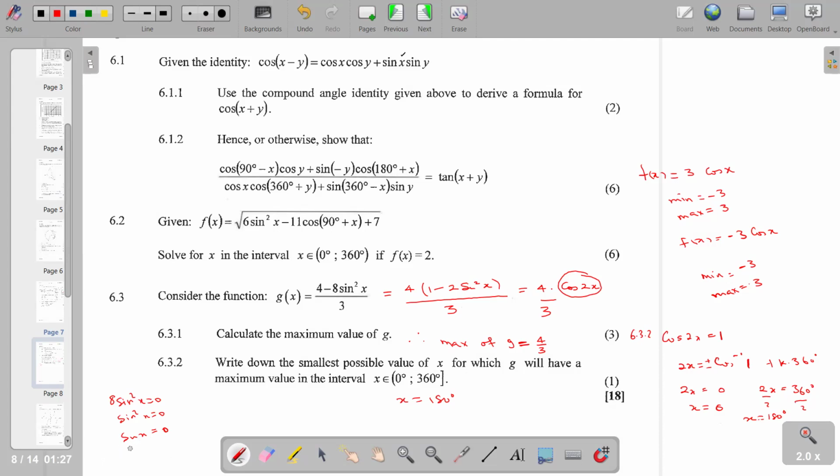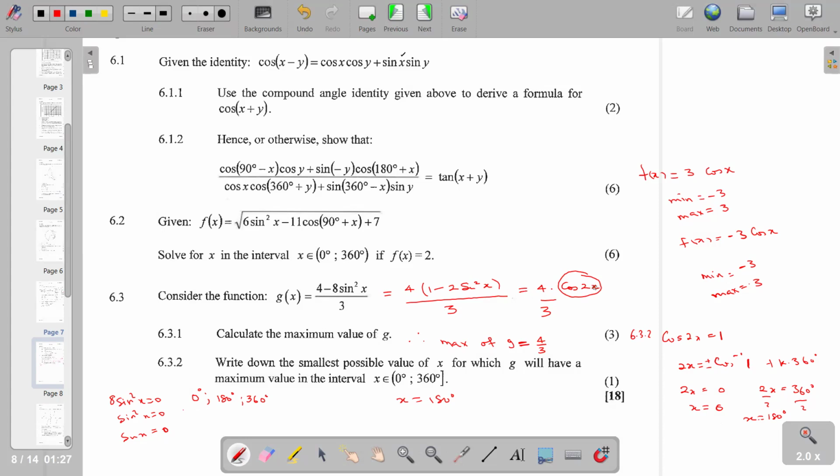If we check from the general solution, we get answers like 0. We also have an answer at 180 degrees. We also have an answer at 360 degrees.